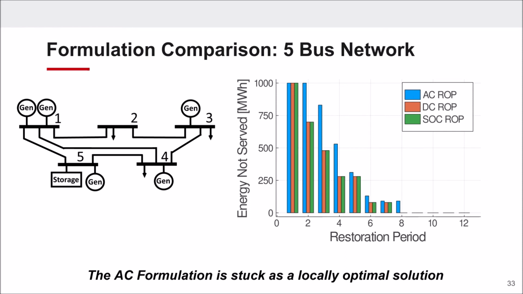It wasn't able to actually find this other restoration sequence, still AC feasible, with less unserved energy over time, because it was stuck in these locally optimal solutions. The issue here being that it's nonlinear, non-convex, and you can't get guarantees that the solution you find will be global.